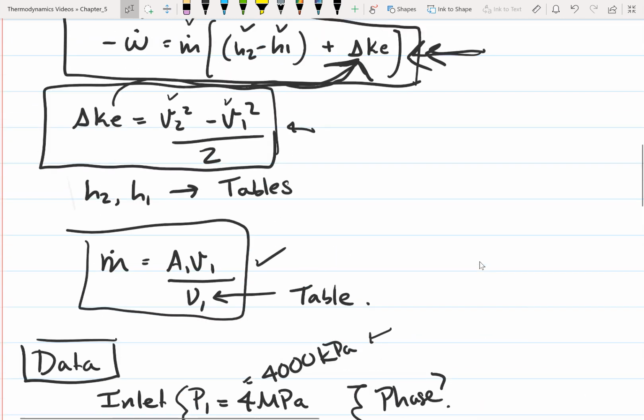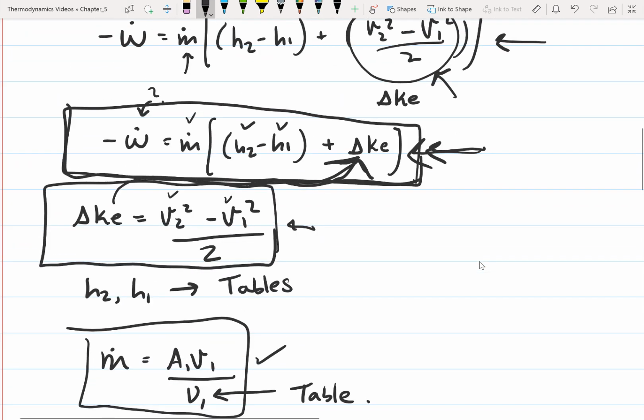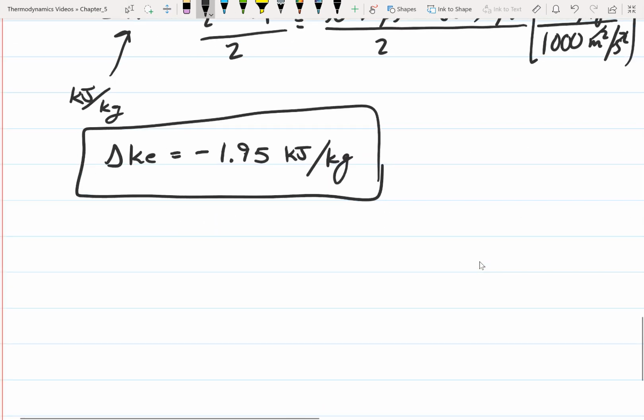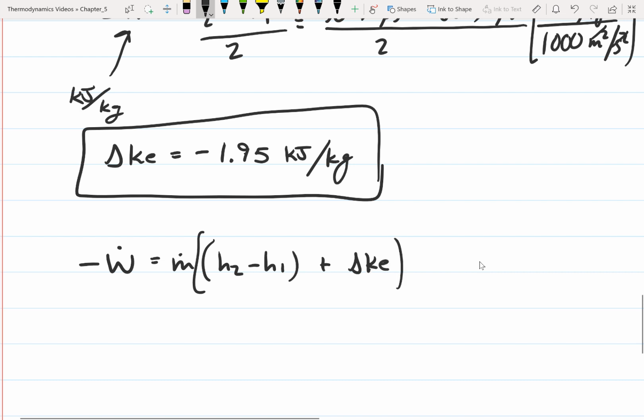So that was this equation. So I'm going to go back down here, and make sure you keep your signs for the work and the heat. We cancel out the heat, but don't change any signs at this point. And then this is plus the change in kinetic energy, which we just calculated.